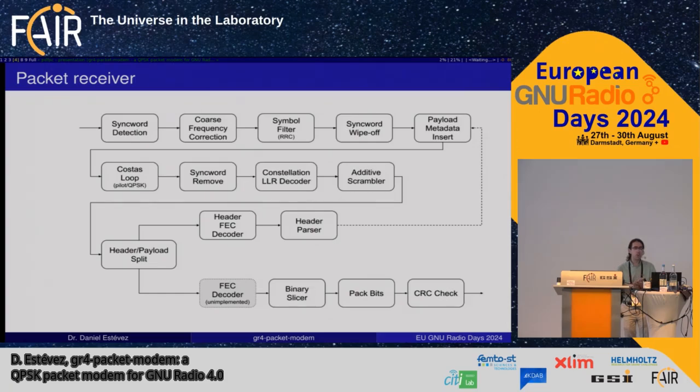This is an interesting block because it's only implemented for BPSK and QPSK at the moment. You could add any constellation you want. And the interesting thing about it is that it changes the interpolation factor at runtime depending on the constellation. Because think of QPSK: one symbol comes in, then you have 2 bits coming out.